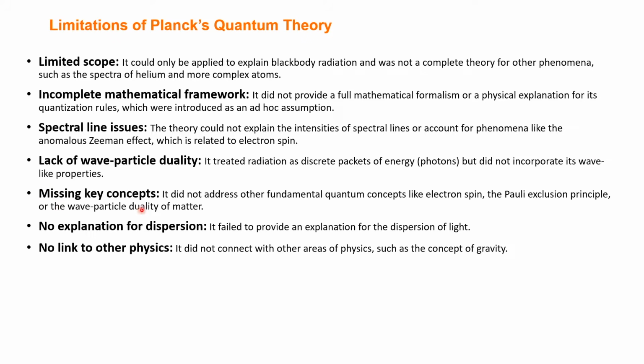There are some missing key concepts: it did not address other fundamental quantum concepts like electron spin, the Pauli exclusion principle, or the wave particle duality of matter. No explanation for dispersion: it failed to provide an explanation for the dispersion of light. No link to other physics: it did not connect with other areas of physics such as the concept of gravity. So, Planck's quantum theory does not discuss gravity.